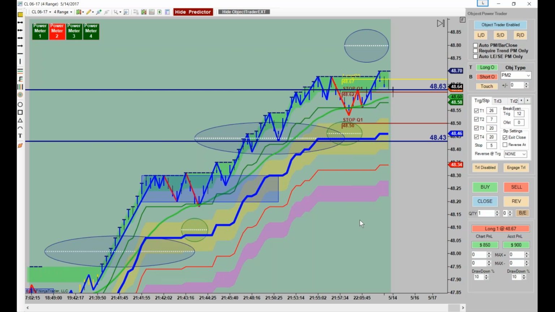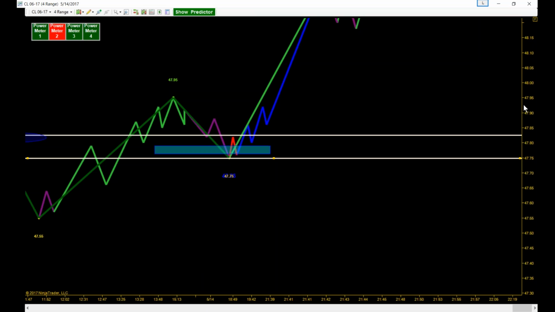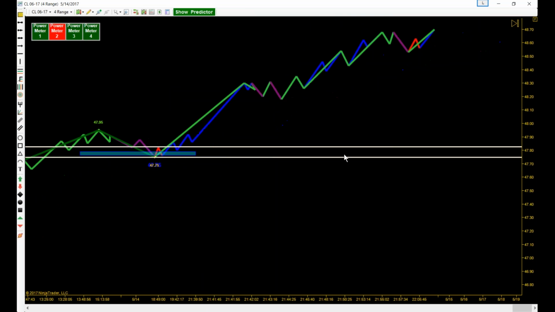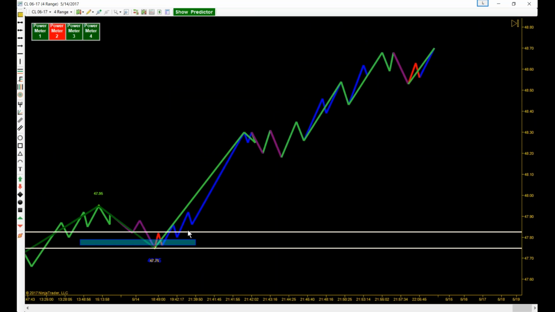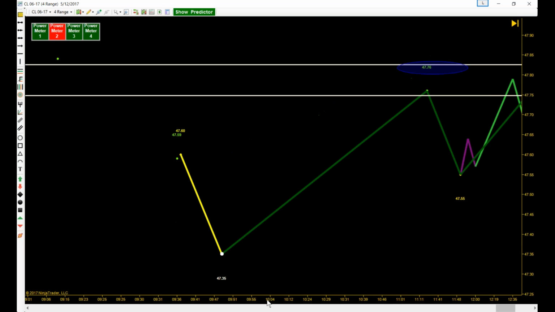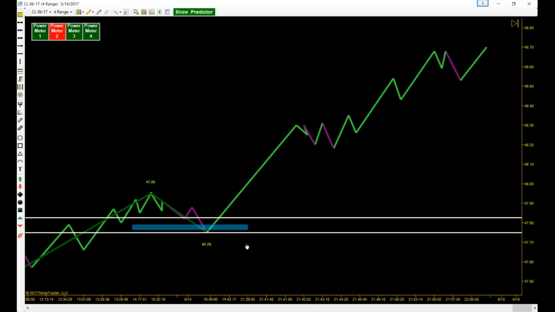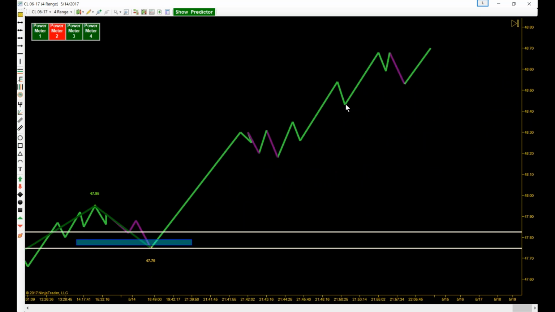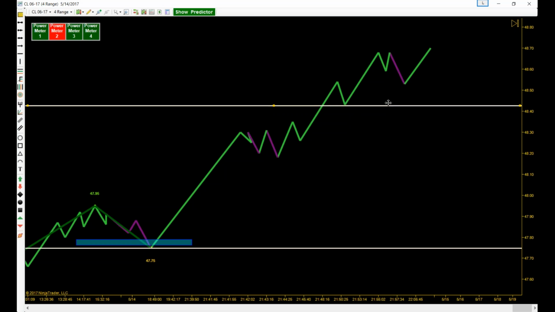But let's diagnose the chart real quick with our little black chart. Let's pretend we're not even in a trade at all. Let's look at this chart and see where we could possibly be heading. Let's go ahead and get rid of lightning 1 off the chart, and here's my lightning 2, and there's my lightning 3. So we have a swing right here, and we have a swing right down there.